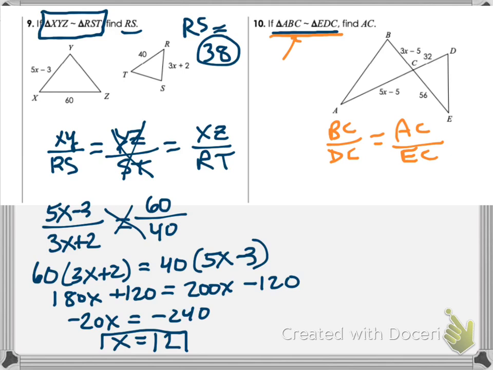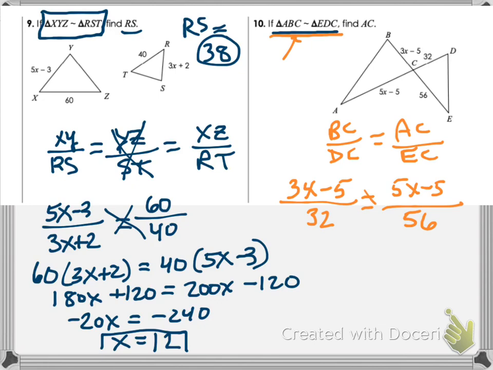And then BC compares to DC. So 3x, that's a little weird looking x. 3x minus 5 compares to 32 as 5x minus 5 compares to 56.